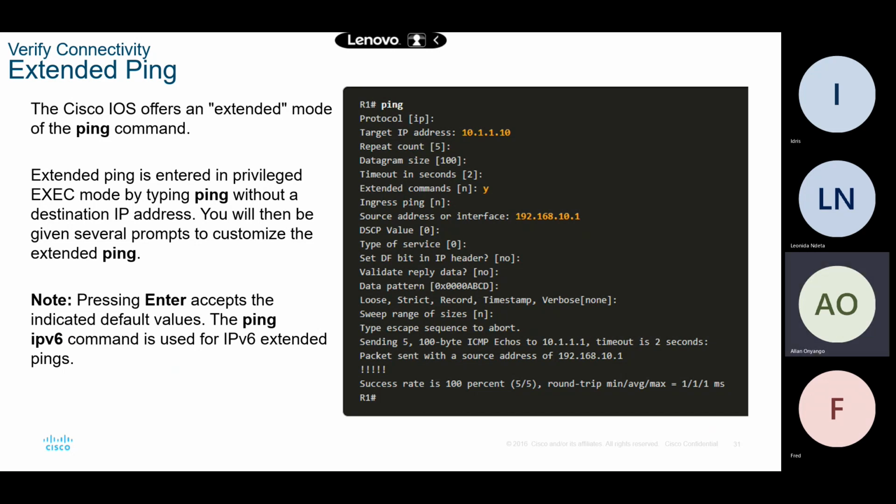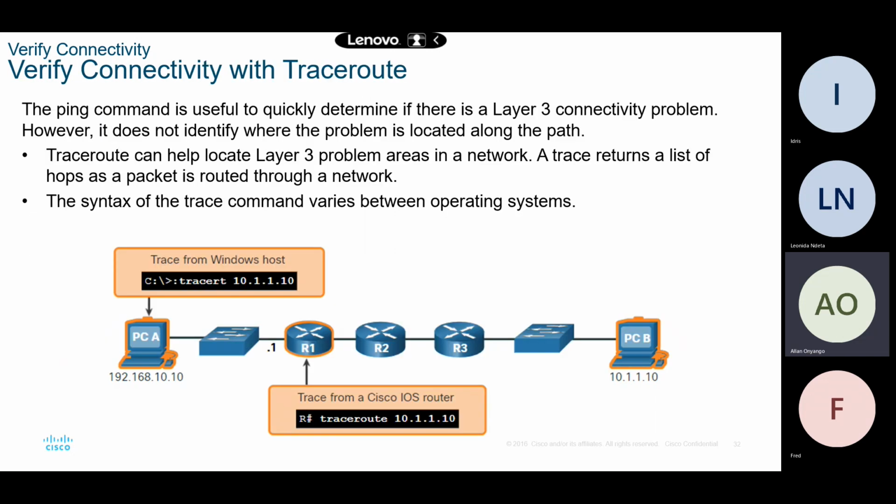Why? You put the source address. So extended ping actually enables you to ping from a certain IP to a certain IP, from a specific source to a specific destination. So that is what is meant by extended ping. Most people don't always use it, but it's also available, basically to be known.